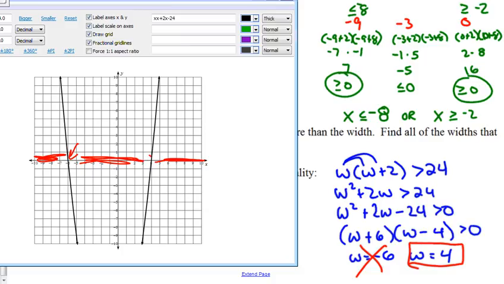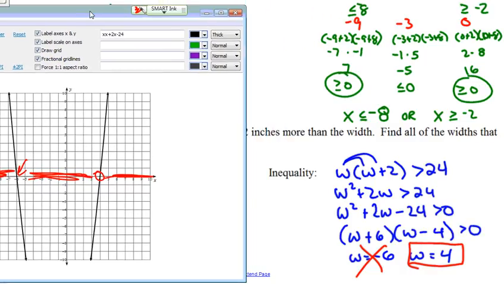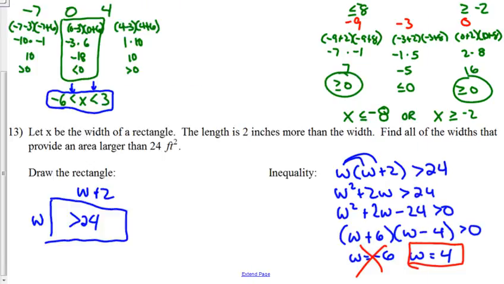So we're really focused on this solution. Now we need to test out some points. Test a point that's smaller than negative 6, so negative 7. We'll test a point that's between negative 6 and 4, that's 0. And we'll test a point that's bigger than 4, we'll test 5.